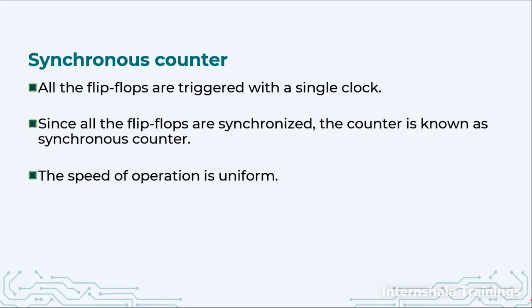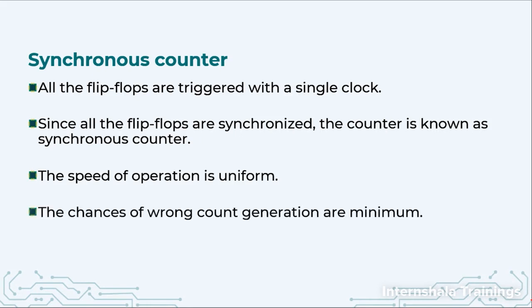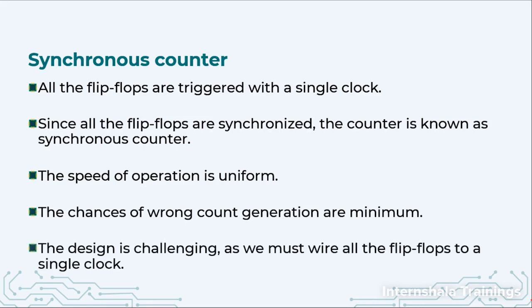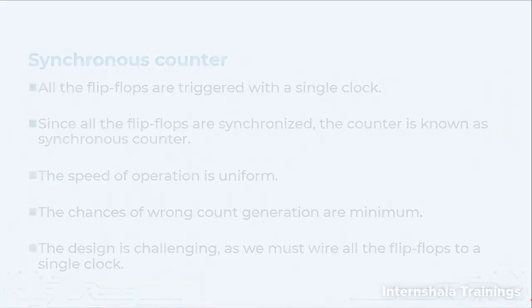The speed is going to be uniform and slightly faster also. The chances of wrong count will be minimized. We will get minimum errors. But the design is slightly challenging. We will have to wire a few more components along with the flip-flops. But in the previous design we had seen that only flip-flops were enough.